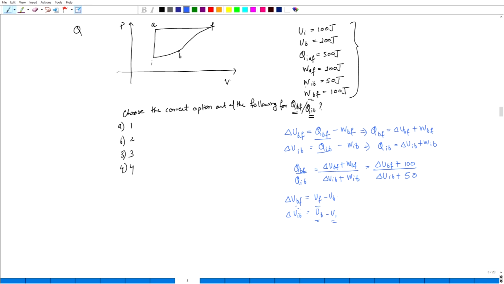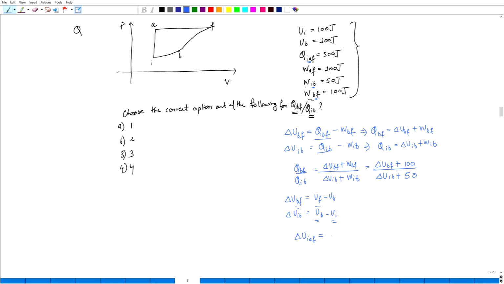For finding UF, can I say that in going from I to B and B to F, I have delta U for IAF. So delta UIAF, in terms of IAF, I have to write.